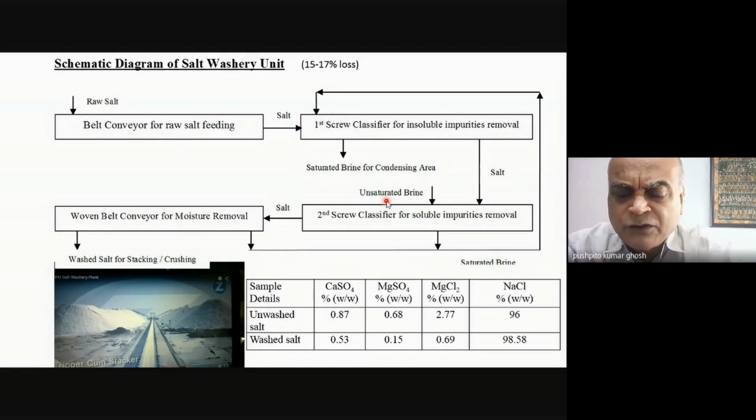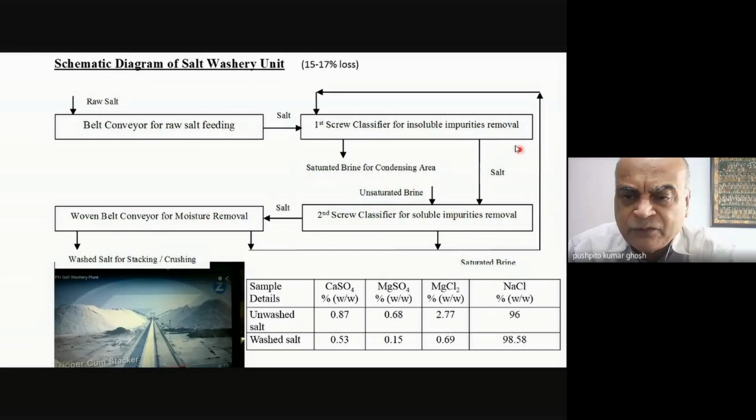You may not have much of a loss of salt, maybe about 10% or thereabout with the loss of NaCl because you've taken an undersaturated brine. But then it's required because quite a bit of the impurities can get out, which otherwise is difficult to remove.